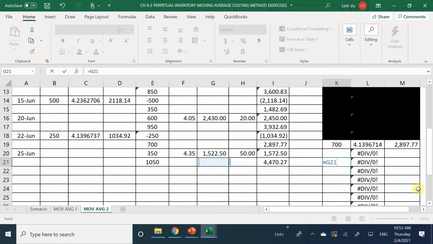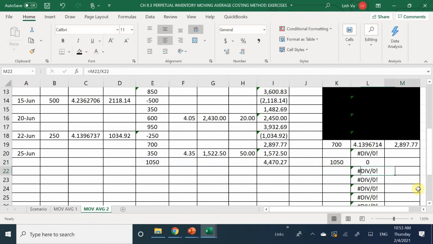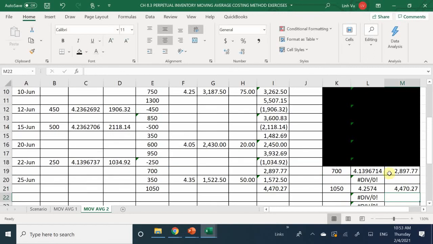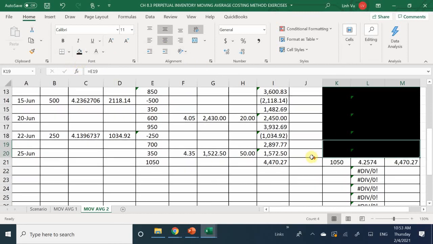So what is now my new average cost per item? It should be 4.2574. Good.